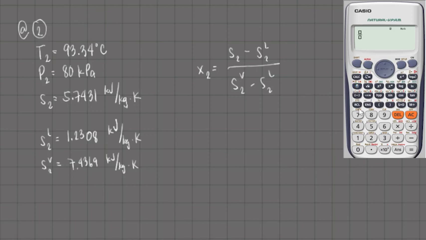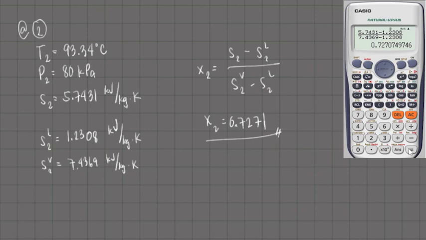Substituting, that is 5.7431 minus 1.2308 divided by 7.4369 minus 1.2308. Our steam quality is 72.71% or 0.7271.